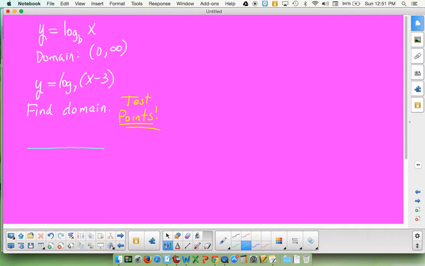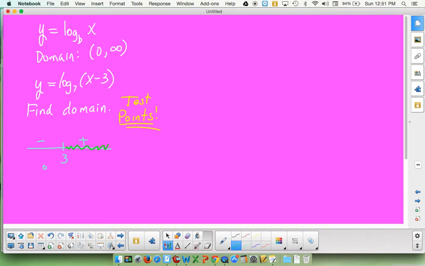So you're going to go, okay, what makes that quantity equal 0? Well, 3 looks like the key number. Okay, test a point. 0 would be to the left. That's going to be negative. So the other side is going to be positive. I want the positive values, so therefore, I want all the values on this side.